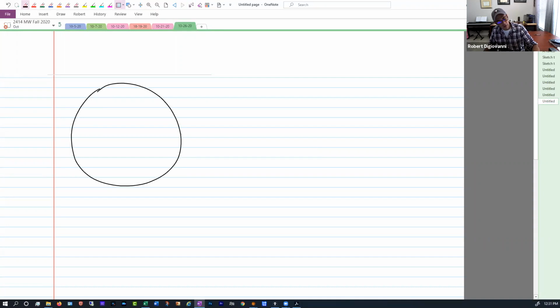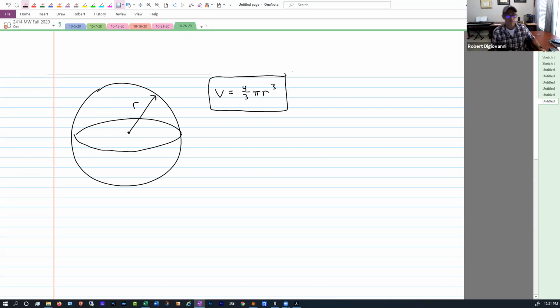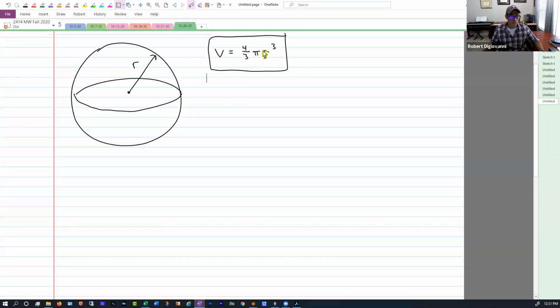If you look on a reference sheet somewhere at a sphere that has a radius of r, if you want to know what the volume of a sphere is, you'll see that it's 4/3 pi r cubed. You can go look that up if you want. And you may have used that formula before in your life. I'm going to actually show where this formula comes from now, okay?